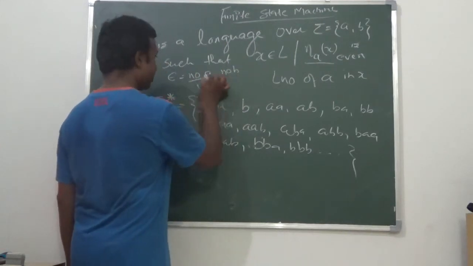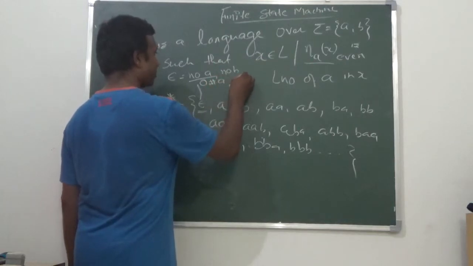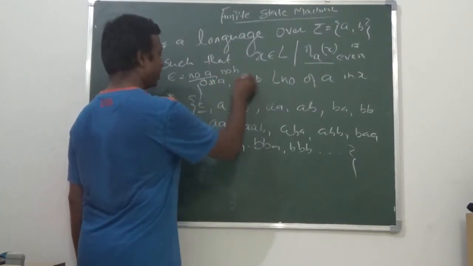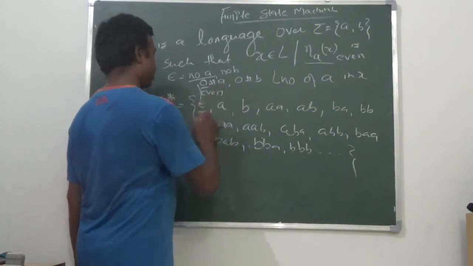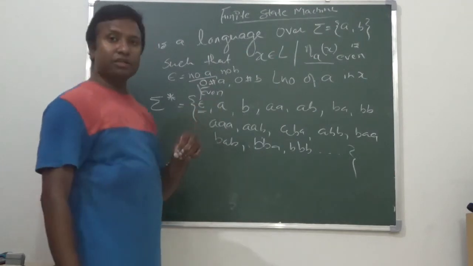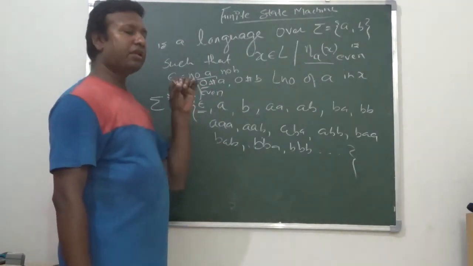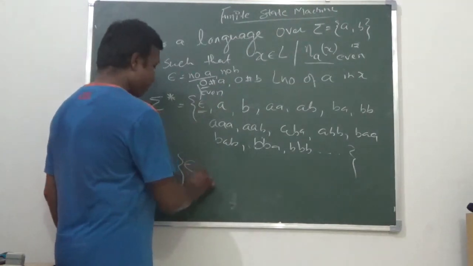And no means 0 number of A, 0 number of B. And 0 is even, right? So if there is no A, it is still considered even because it is 0. So we need to include this epsilon.